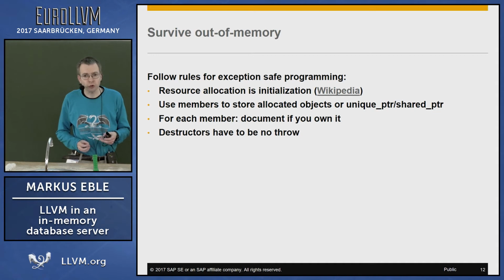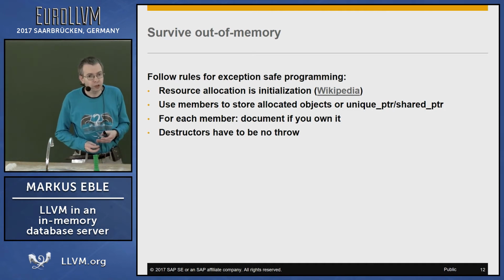It definitely also helps if you document in your code, if you have pointer members in your object, which ones you own and which not. That's just a simple comment when writing the source code, but when later analyzing or reviewing the code, it really helps to know: is this pointer intended to be owned by this object or not?